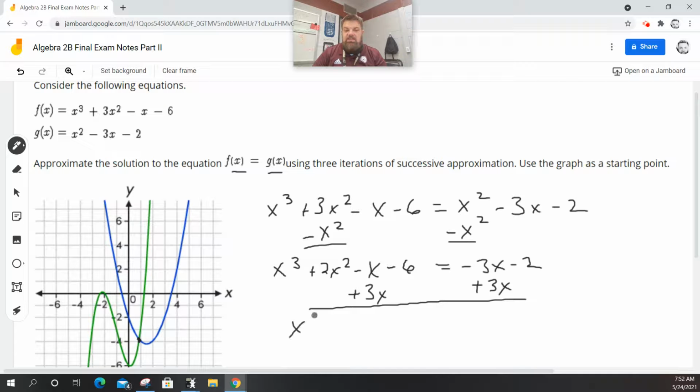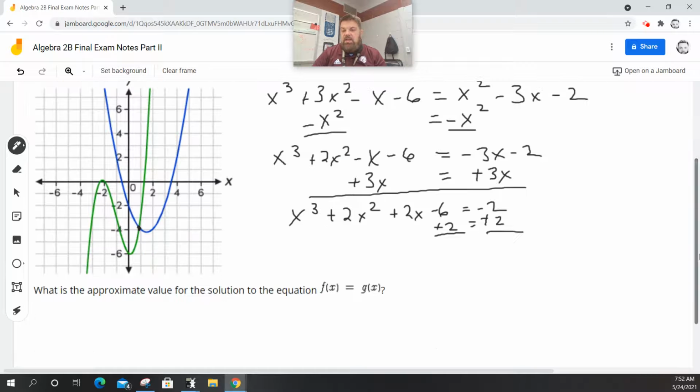And I've got x cubed plus 2x squared plus 2x minus 6 is equal to negative 2. Add 2 to both sides. And I'm left with x cubed plus 2x squared plus 2x, and then minus 4 equals 0.